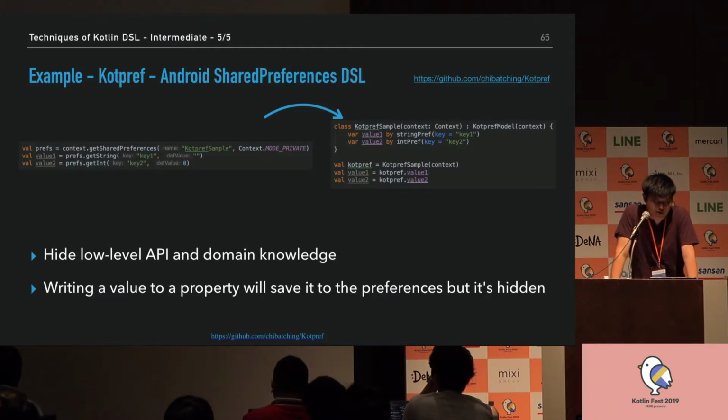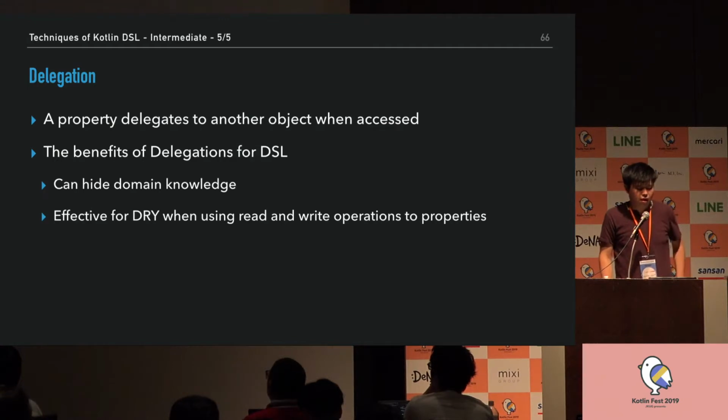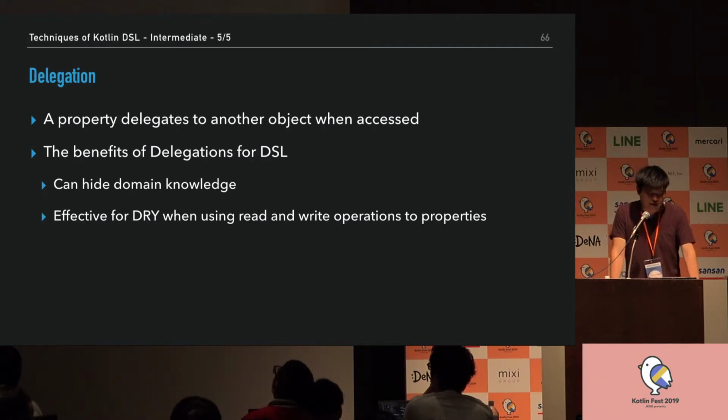For example, it allows us to save a preference when writing a value to a property through a delegation. The logic is hidden though. In delegation, a property delegates processing to another object when accessed.